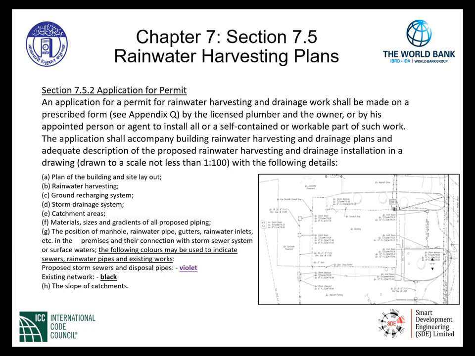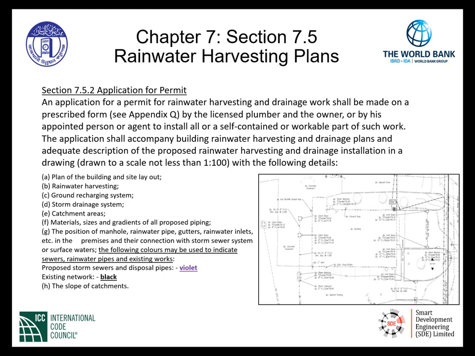G, the position of manhole, rainwater pipe, gutters, rainwater inlets, etc., in the premises and their connection with storm sewer system or surface waters. The following colors may be used to indicate sewers, rainwater pipes, and existing works, as follows.